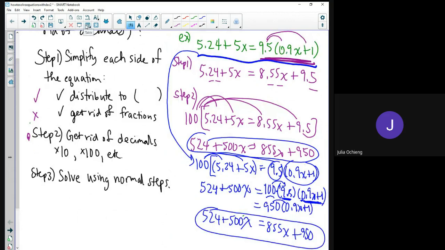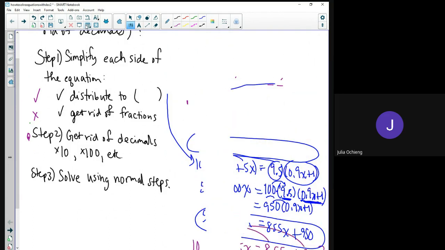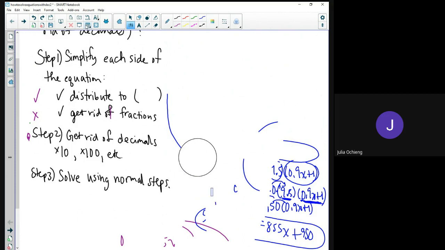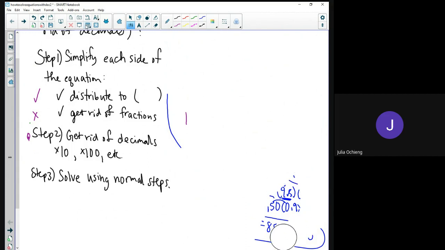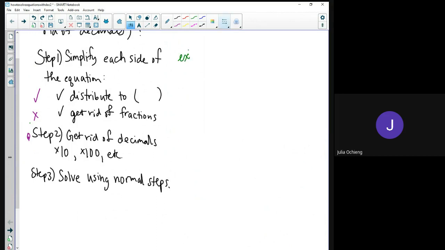So if you want to take a look, we're going to try number 6 from your worksheet. So the example is number 6.